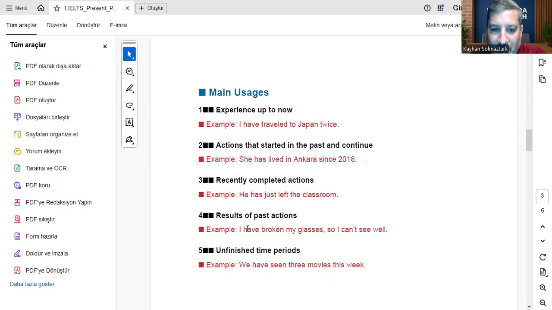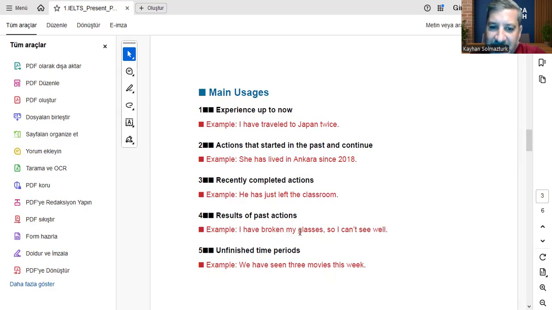So if you want to talk about the effect, the result of a past action, you don't use I broke my glasses. This is the main difference between the present perfect tense and the past simple tense. The past simple tense here is about the time, okay? At a specific time, if you want to name it, all right?